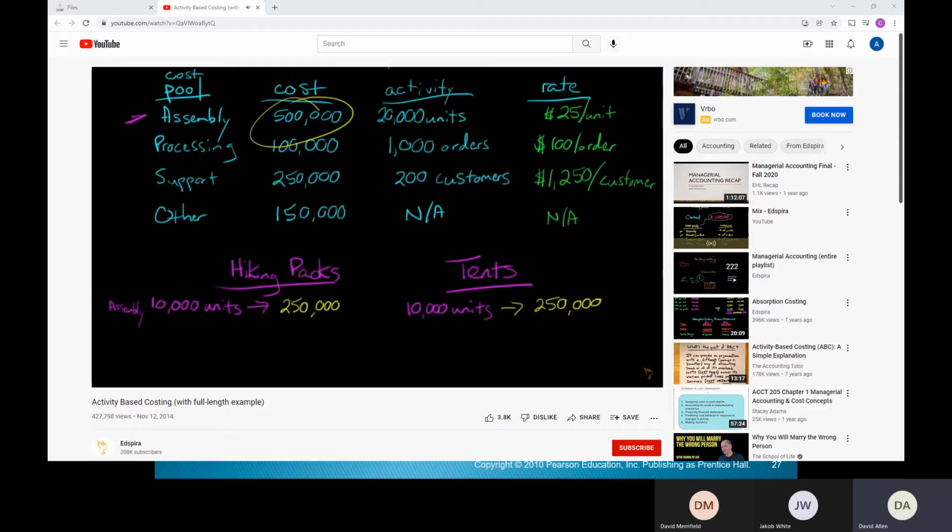But now let's make things a little bit more interesting. So now let's get into the processing. Even though they have the same number of units, let's just say that when we look at the processing, remember it's the number of orders. Well, let's say that we have 700 orders for hiking packs, and then we only have 300 orders for tents.